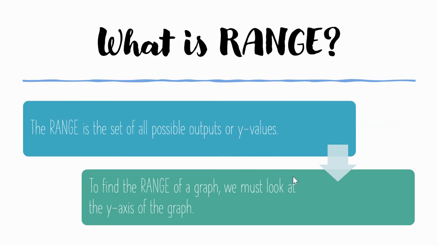Okay, what is the range? The range is the set of all possible outputs or y values. To find the range of a graph, we must look at the y-axis of a graph.